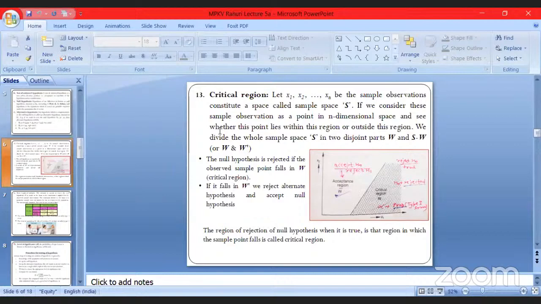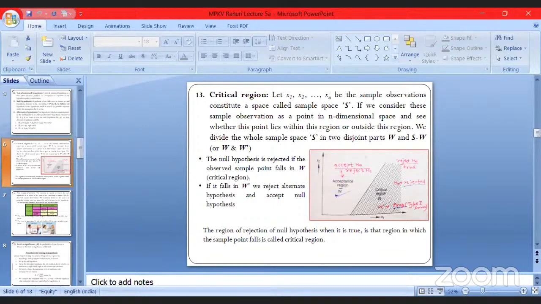No problem. See, critical region means what? Whenever we take values for hypothesis testing, we have to either accept the value or reject it. Here the value means the hypothesis. So there should be a region called the critical region, where if we get the value, we will reject the null hypothesis. The other region is called the acceptance region, where we accept the null.